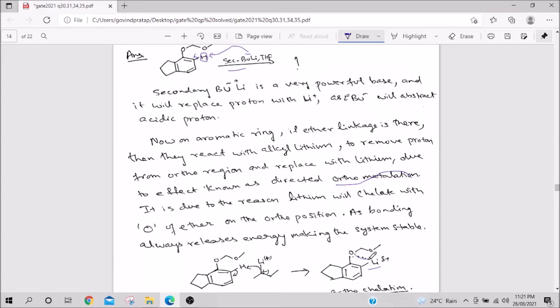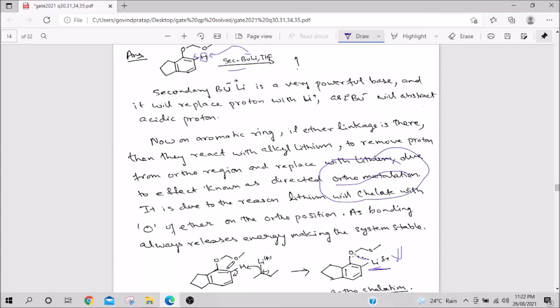So oxygen has a lone pair of electrons, and lithium is highly positively polarized. So they form a bond, they form an electrostatic interaction. Whenever bonding is there, it is always preferred, because energy is released, the system becomes stable, and therefore this was the most acidic proton which is lost, and you are getting this. So this orthometallation is an important thing you have to remember.